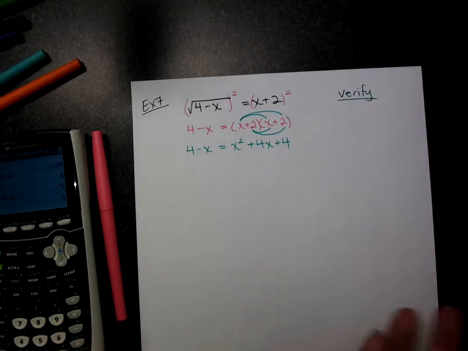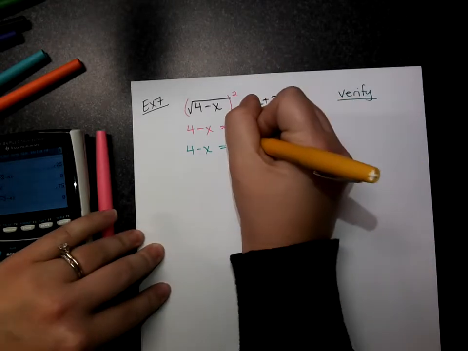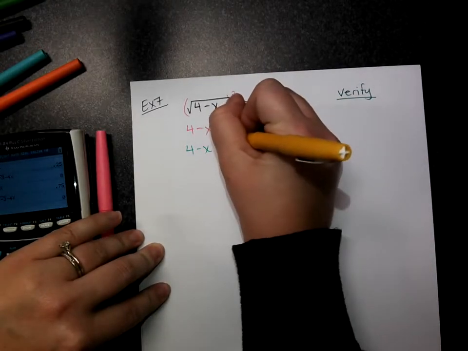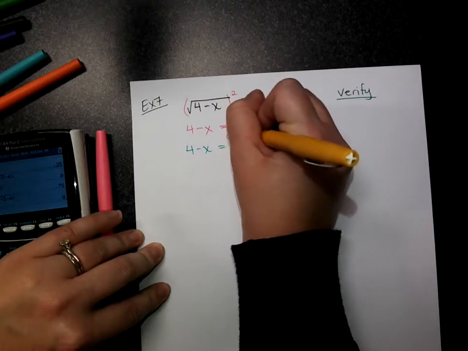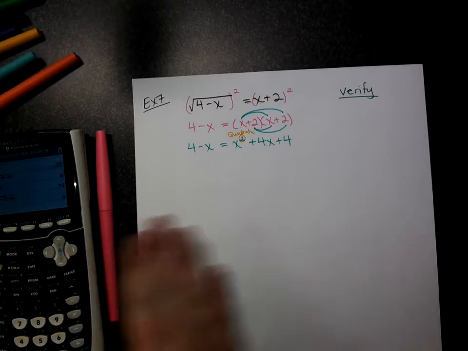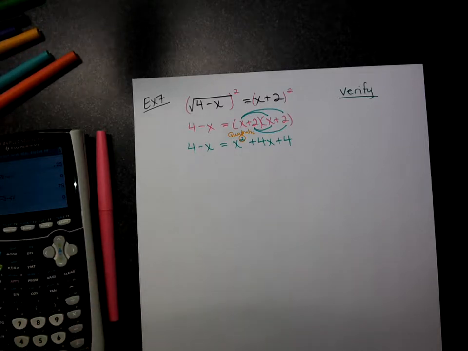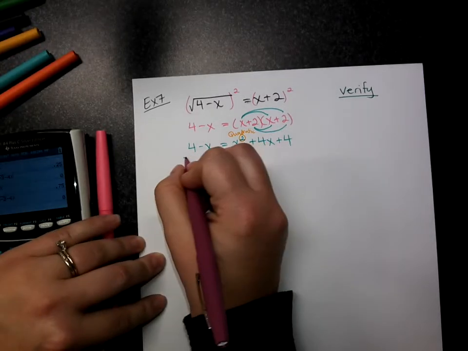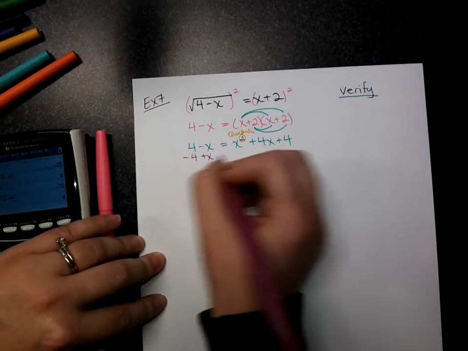Then we kind of look at what we have. Is it linear? Is it quadratic? So here's my squared term. That indicates that it is quadratic. So what we're going to do here is move everything to one side. So we're going to move that 4 and add that x.